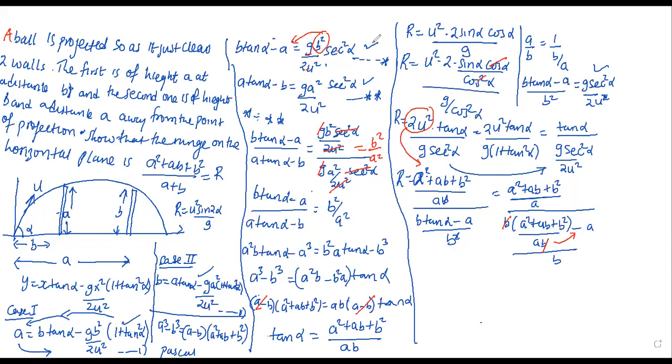It will give a squared plus ab plus b squared, all is over a. The whole of it is over a squared plus ab plus b squared minus a squared. The whole of this is now divided by ab. This b is going to die with this one, and this a is going to die with this one by division.